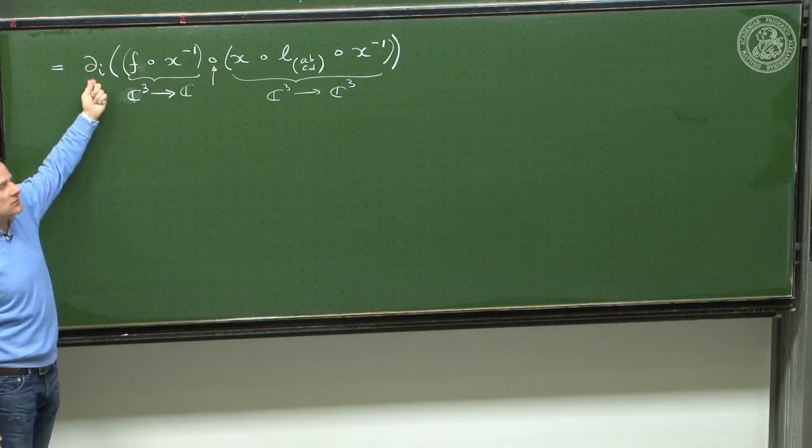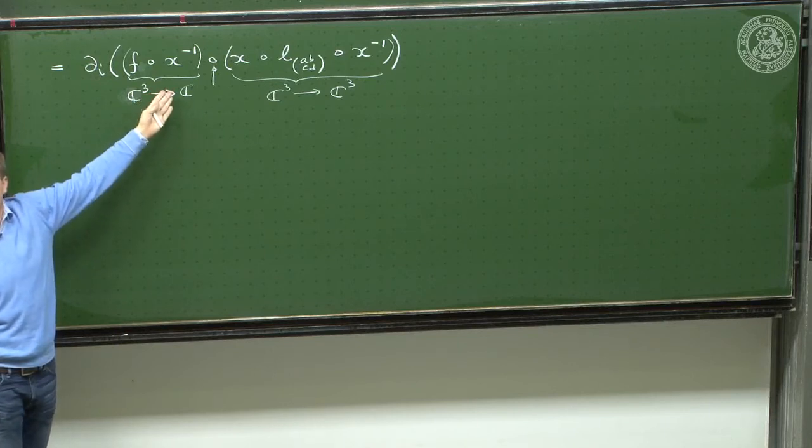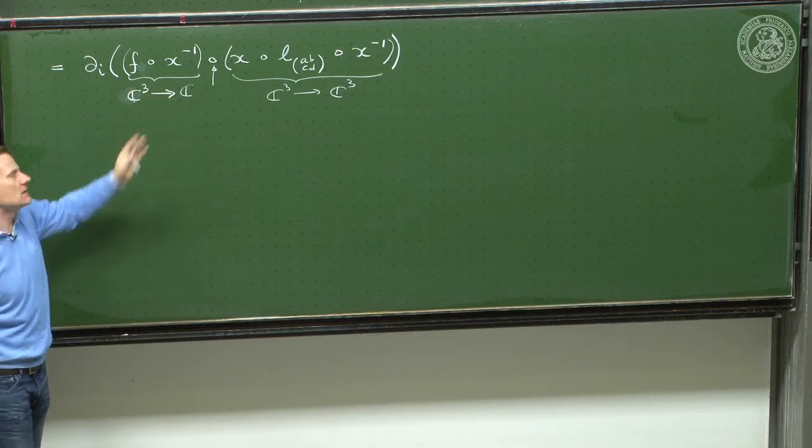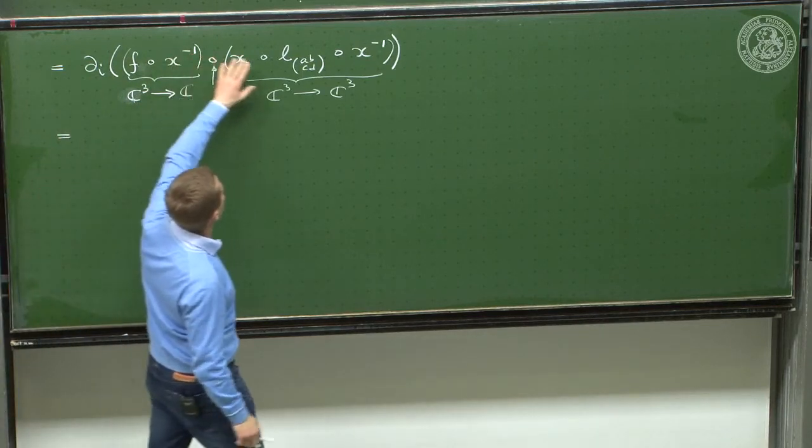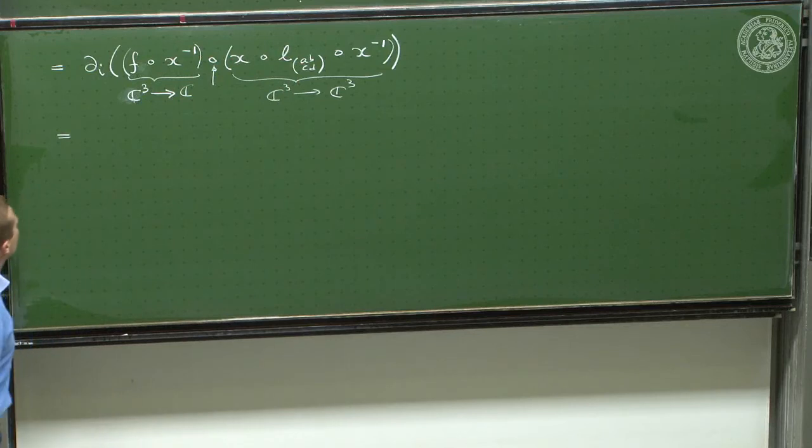It's multidimensional, so we need the multidimensional chain rule. But we can use the multidimensional chain rule. So how does it work? So that's the outer derivative, and that's the inner derivative.